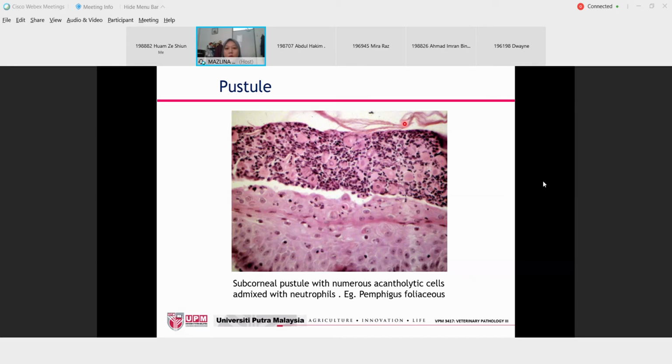And here, the larger paler ones are the keratinocytes, whereas the darker nuclei are actually the inflammatory cells, mostly neutrophils. So this is a subcorneal pustule with numerous acantholytic cells mixed with neutrophils. Again, this is a typical example of pemphigus foliaceus.